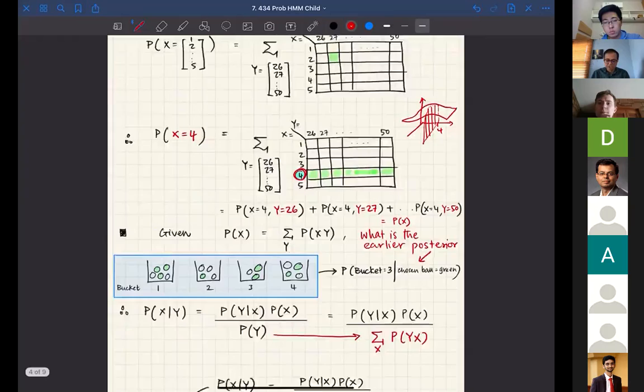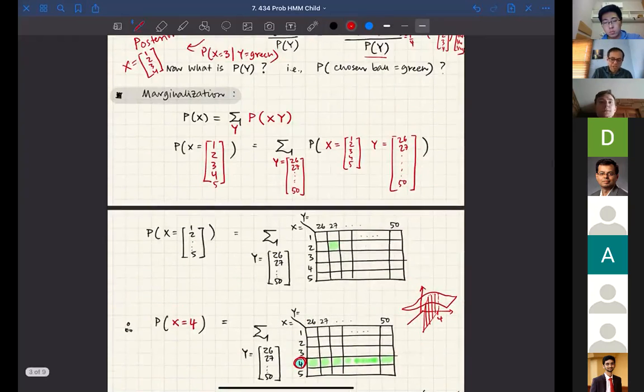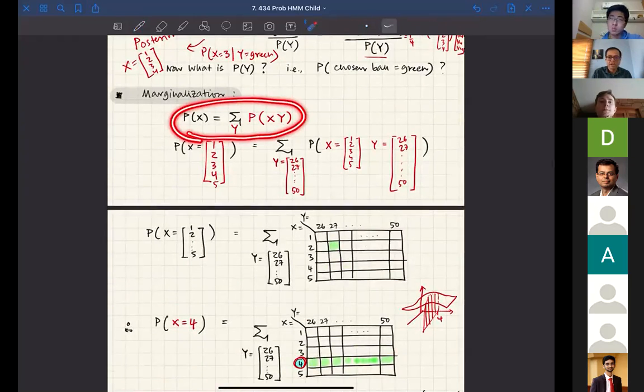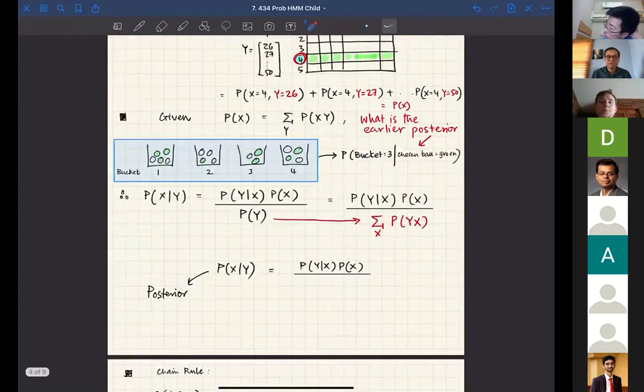This is the same thing that I wrote earlier. I wrote this earlier as PX as sigma over Y of PXY. I'm just swapping the variables now.